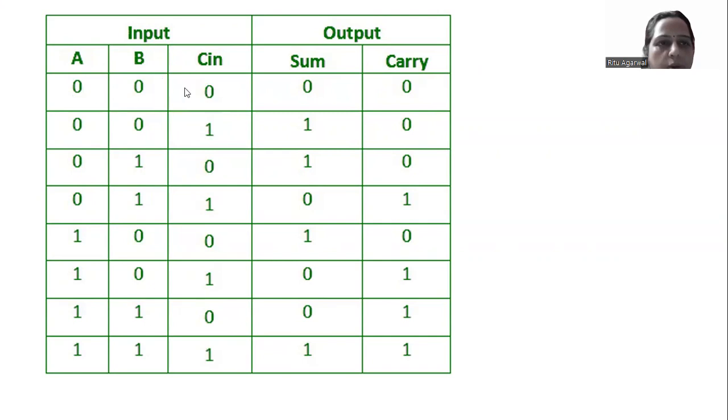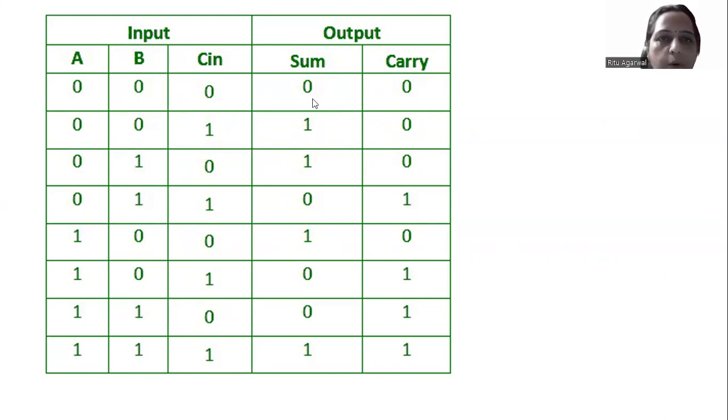So we have 000, 001, 010, 011, 100, 101, 110, and 111. That is, starting from 0 and going till 7, and 7 is represented by 111. That is, we have 8 input combinations starting from 0 till 7.